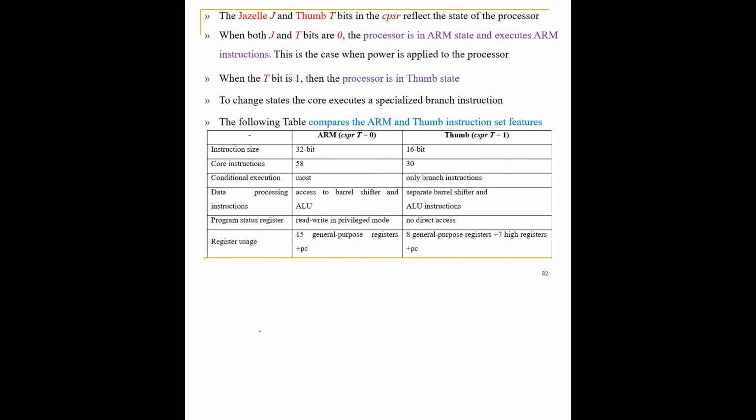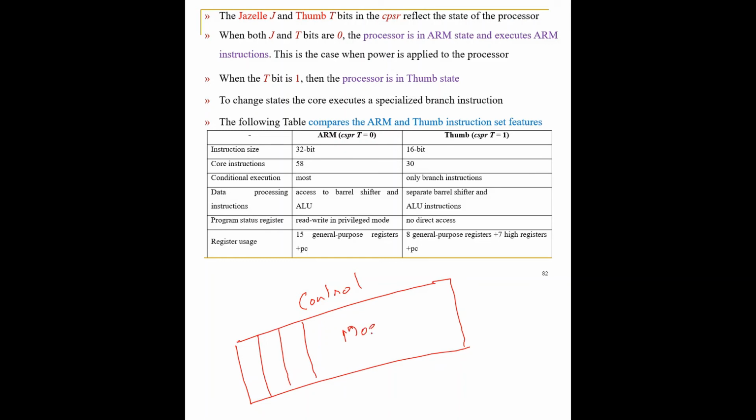I'm going to write only the control field of your CPSR. So this is I, this is F, this is T, this is regarding the mode. This is interrupt request, this is fast interrupt, this is Thumb mode.